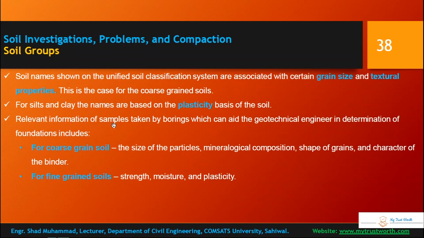Relevant information on samples taken by boring which can aid the geotechnical engineer in determining the foundation is: for coarse grained soil, the size of the particle, mineralogical composition, shape of the grain, and character of the binder; and for fine grained soil, strength, moisture, and plasticity. These are the fundamental information regarding the samples which are required by the geotechnical engineer.